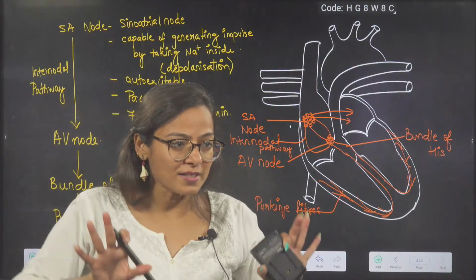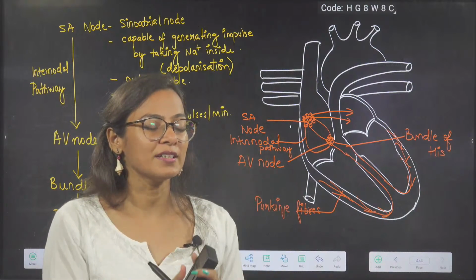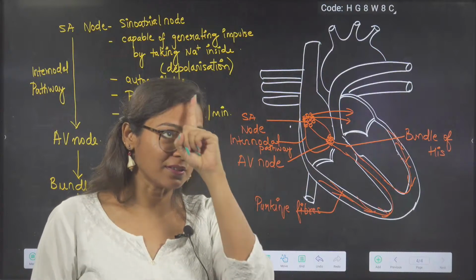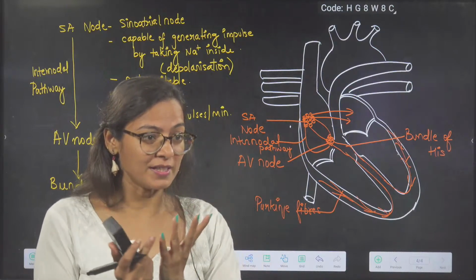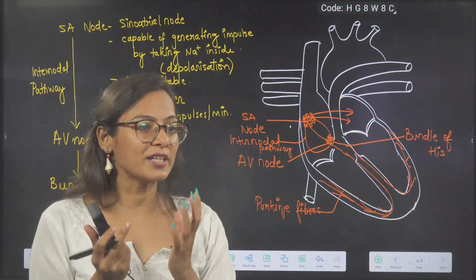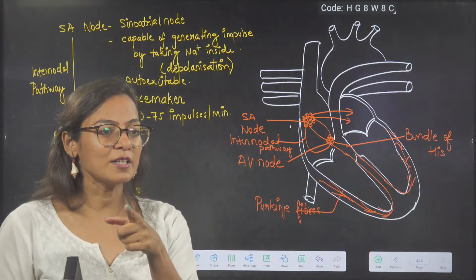They are present all over the ventricle. I've just drawn it on the sides, but I want all of you to have that imagination in 3D. It is spreading all over the ventricle. So now when the message spreads to all those Purkinje fibers, what is going to contract now? Quickly tell me.